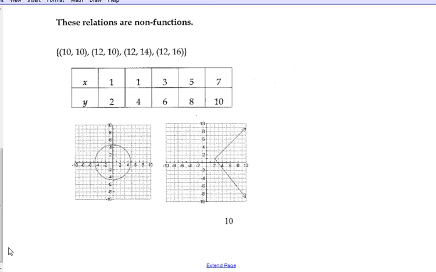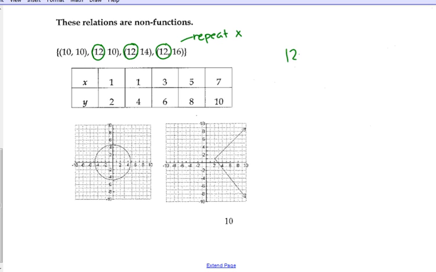So how can we look at an ordered pair or a chart and know that it's a function or not? Simone? Yeah, just check if there's any repeat in the x. So this x value of 12 is a repeat in the x. It's not a function because that means that input of 12 has 3 different outputs.